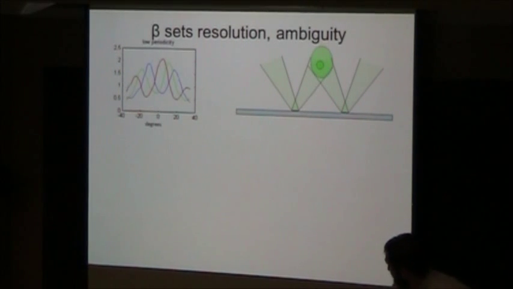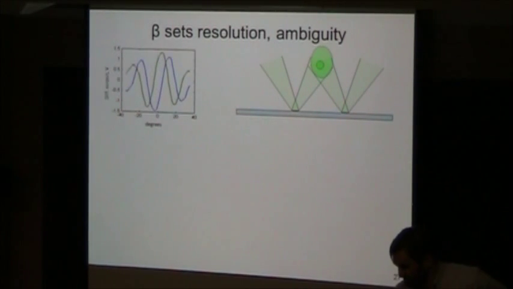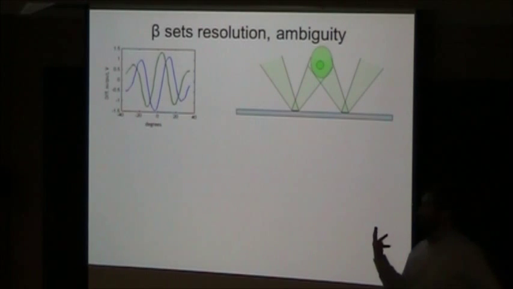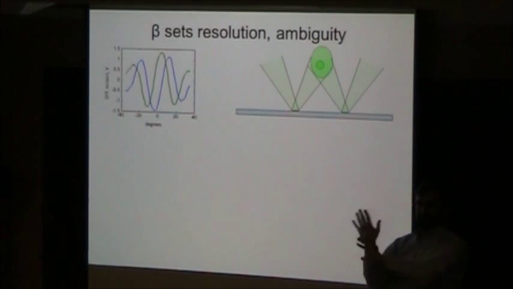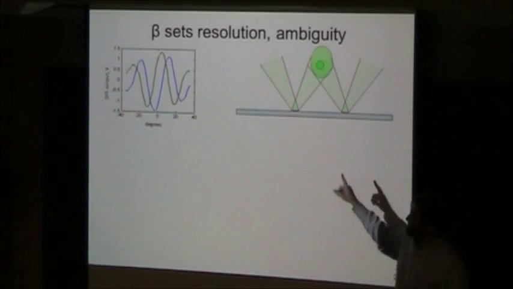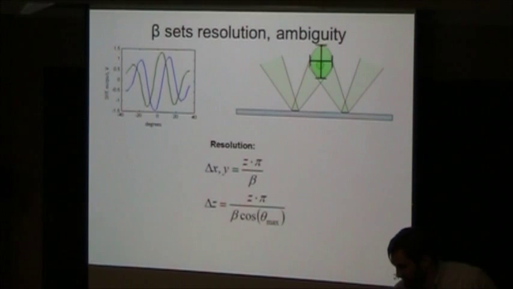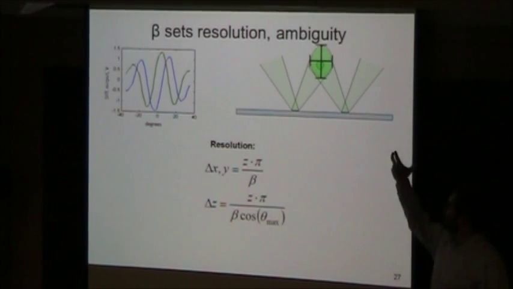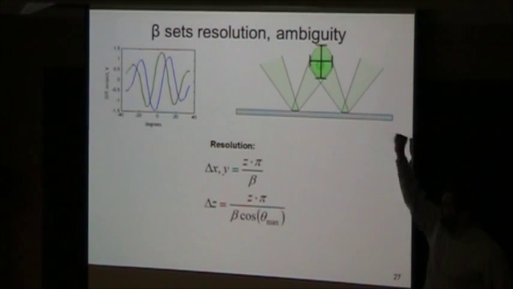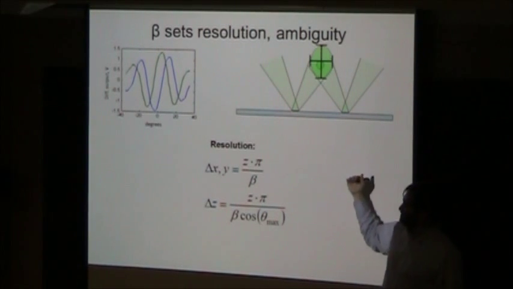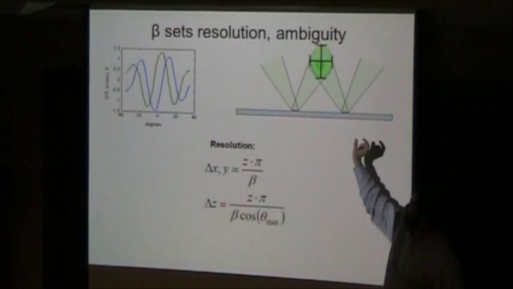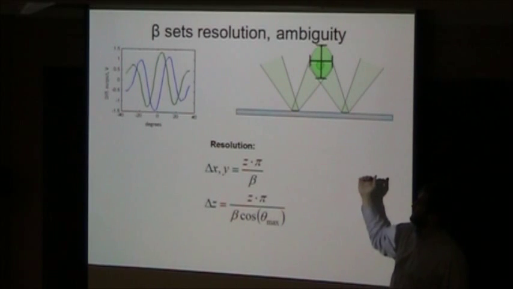Now one thing you notice is that we don't actually care about the raw responses. What we care about is those differences, because we're really interested in the angular piece, and that's in the complementary sine and cosine signals. So we'll be thinking about this complementary waveform from here on out. One nice thing about this view is you can extract a resolution number and say, what is my resolution in this viewpoint? My resolution, or the smallest spot I can extract, is proportional to how far away I am.